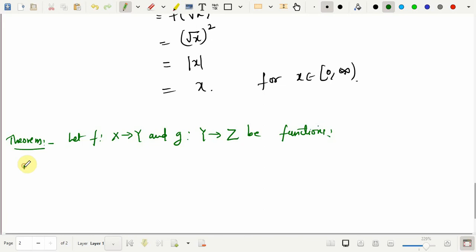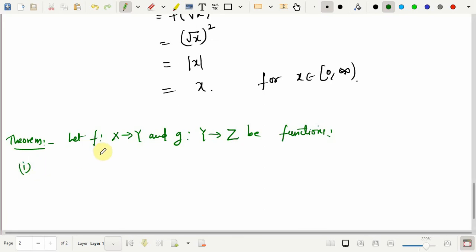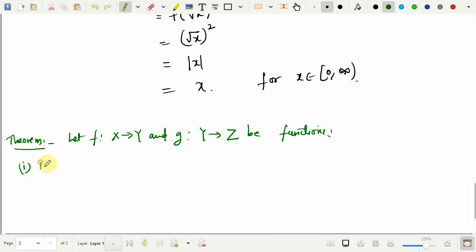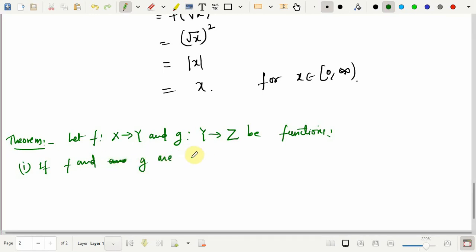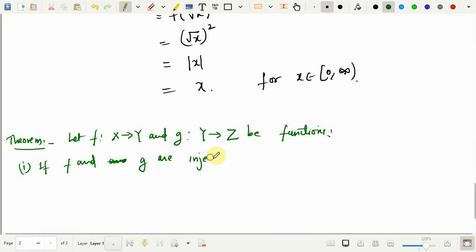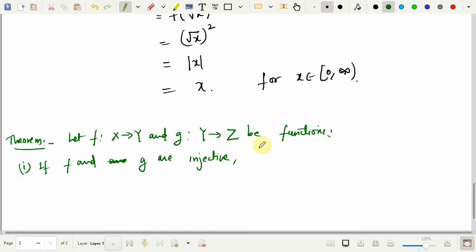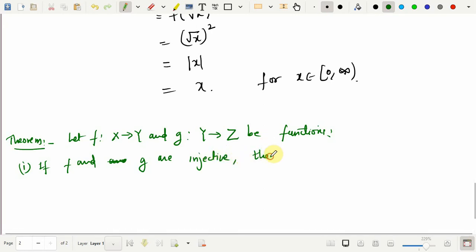The first result says that if f and g are both injective, then the composition, as expected, is injective. So if f and g are injective, or 1-1, then g composite f is injective.